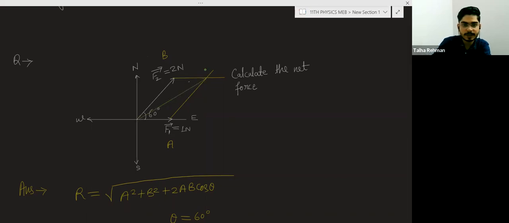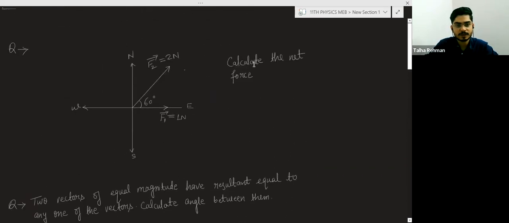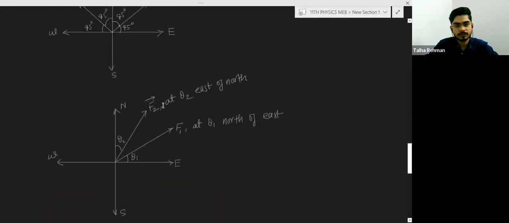This is your R vector. And beta is the angle between this. So you can say the resultant vector is at an angle of beta with this A vector. Beta is tan inverse root 3 by 2. And I have told you about how to write this.